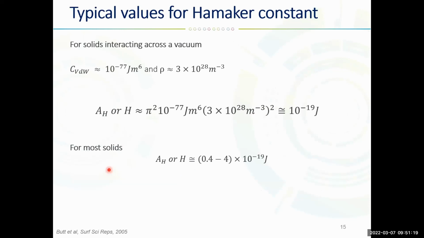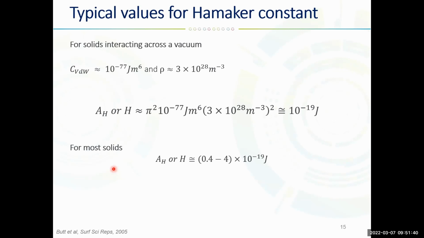What are the typical values of the Hamaker constant? To estimate this, you have to know the properties of the materials of the tip and the sample, and different values are scattered around the literature, so you can find slightly different values.